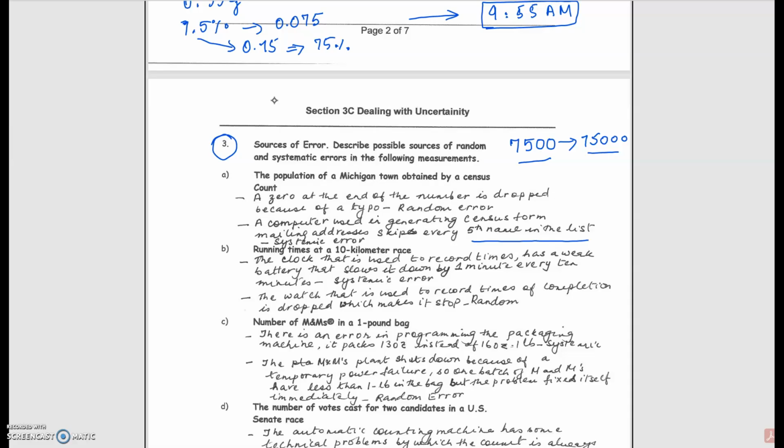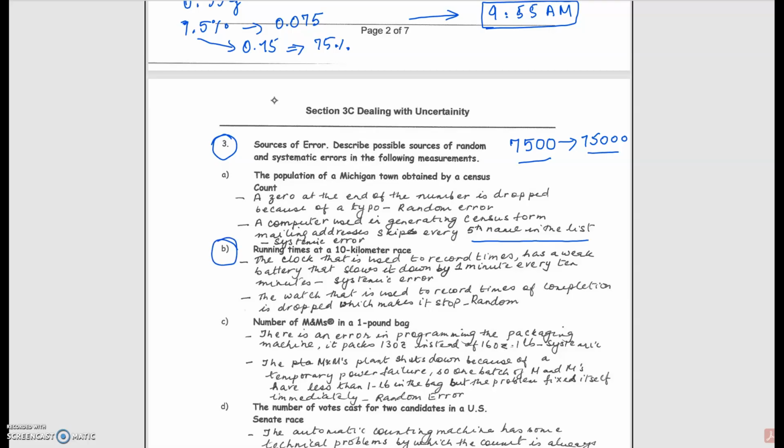Every fifth name is skipped or not taken into consideration by the system, which is your computer system. In that case, this would be a systemic or a systematic error, because something is wrong with the system that is being used to collect these data.